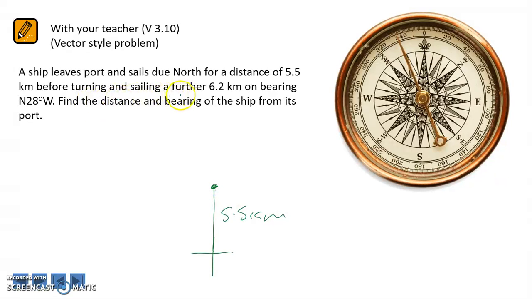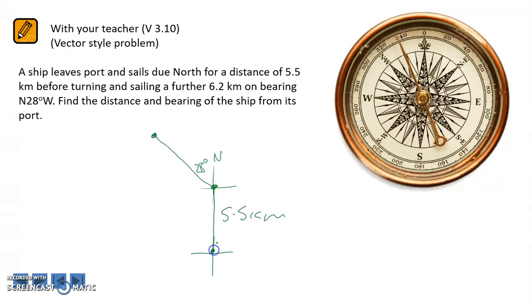before turning and sailing a further 6.2 kilometres on a bearing of north 28 degrees west. So I'm drawing myself another little north, south, east, west. Find the distance and bearing of the ship from its port.